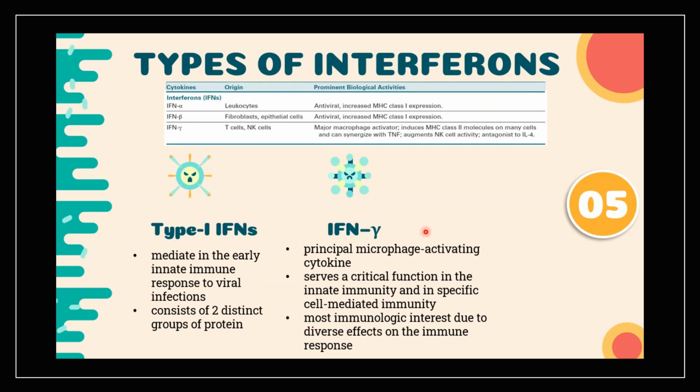Moving on, interferon gamma is the type 2 interferon. It is produced by T helper type 1 cells and natural killer cells. IFN gamma is the principal macrophage-activating cytokine, and this serves a critical function in innate immunity and in specific cell-mediated immunity.